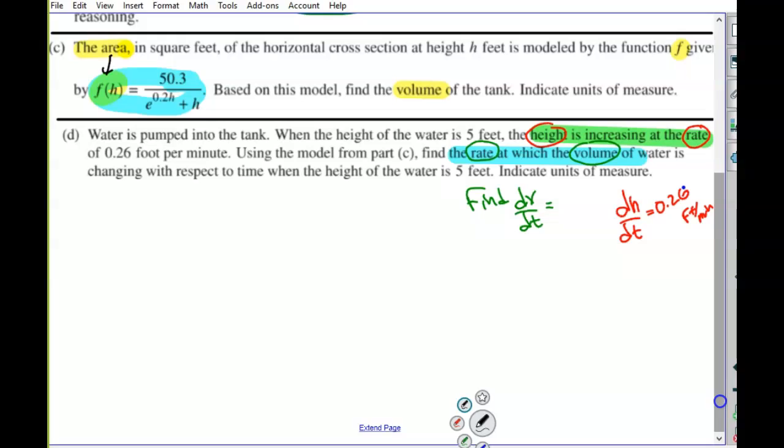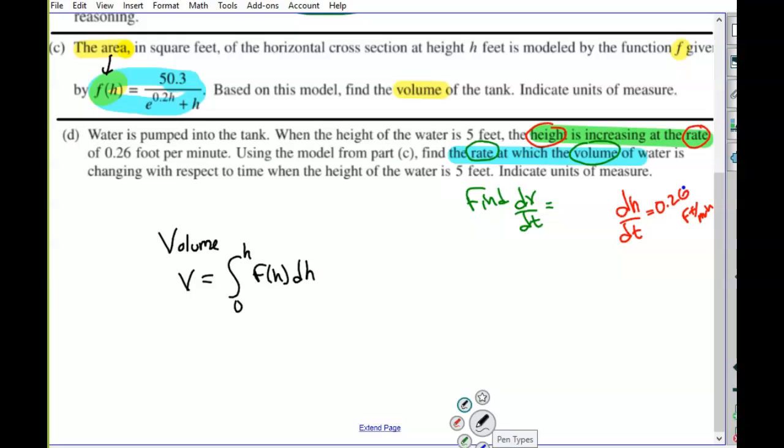Remember, this equation is area. They're asking me to find the rate of the volume, so I need some equation that represents volume. And what is volume? It's the accumulation of the area function from 0 to some h value. And I believe this should be dH/dt.